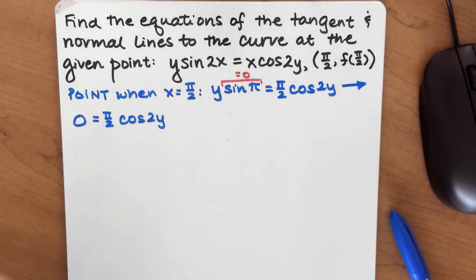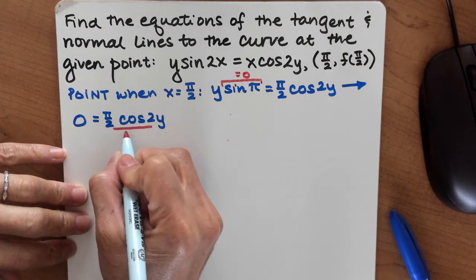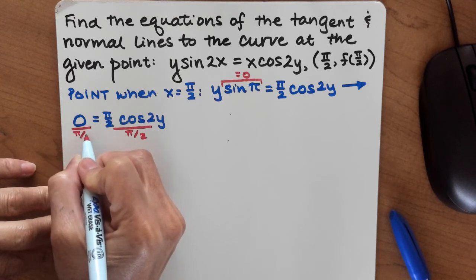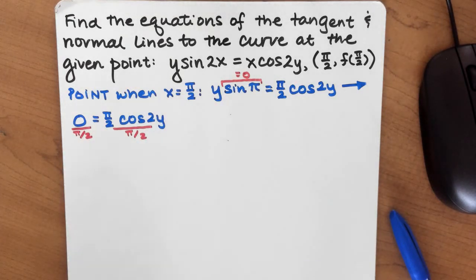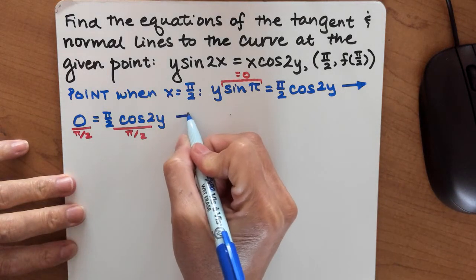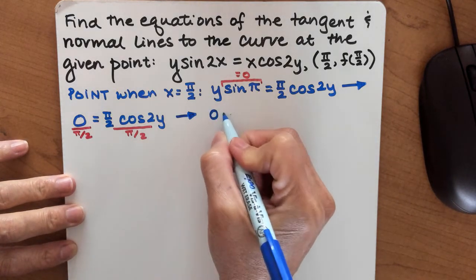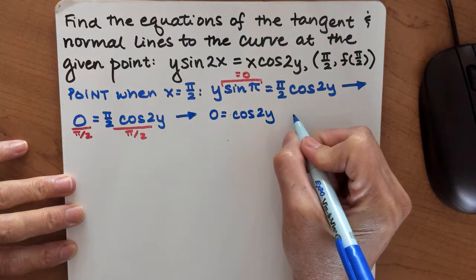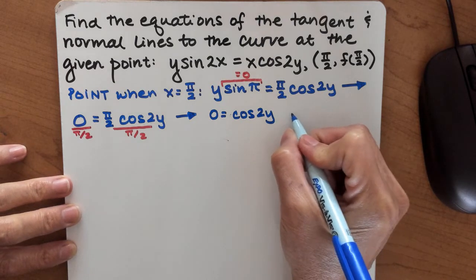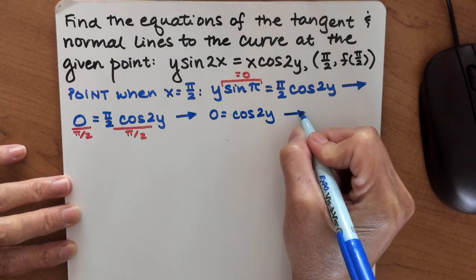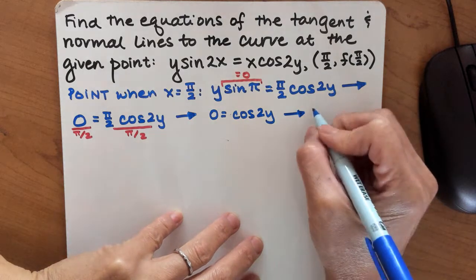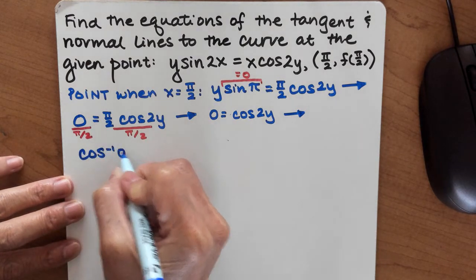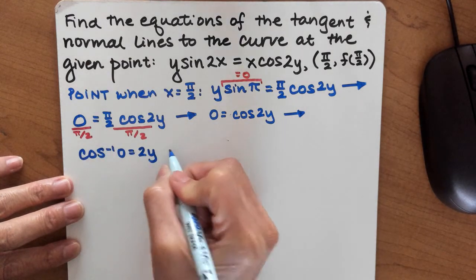Well, I can now divide both sides by pi over 2. 0 divided by a constant, not 0, is still 0. So now I have 0 equals the cosine of 2y. And now I need to move the cosine over to the other side, and I'm going to have the angle whose cosine is 0 equals 2y.